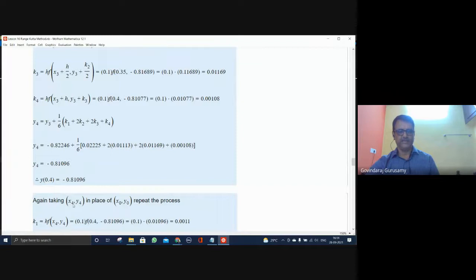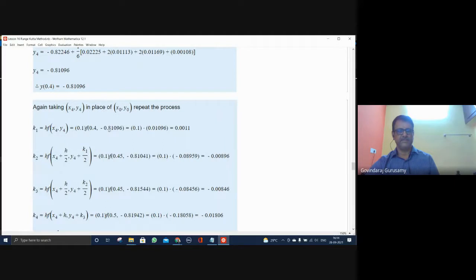For example, when you are coming here, when you want to find x4 and the corresponding y4, you are replacing that here. x0 is replaced, and x4, k1, k2, k3 will be used with respect to this. x0, y0 is replaced by x4 and y4. Okay, this is how it goes on.